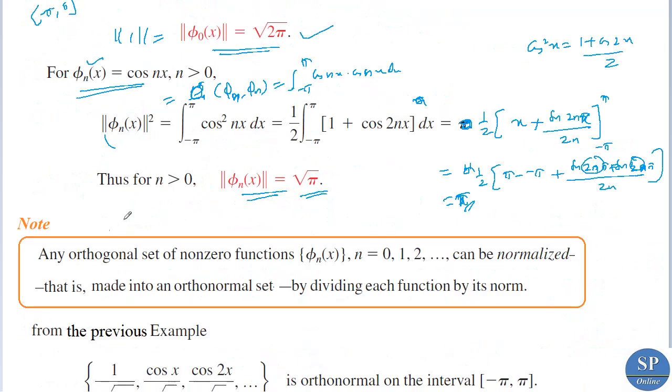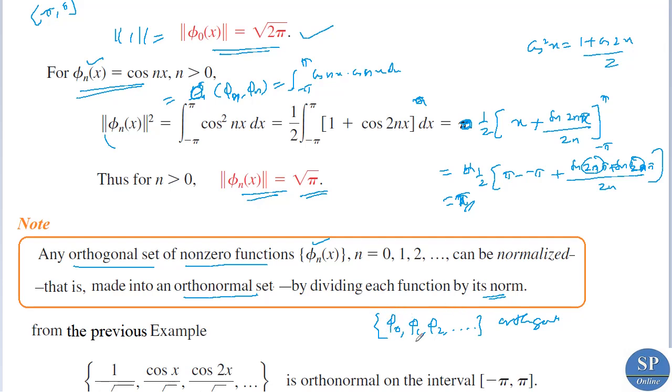Now, suppose we have an orthogonal set of non-zero functions phi n x. Now we can normalize this set. Normalizing means we can convert this set to an orthonormal set, that is by dividing each function by its norm. Suppose we have this set of functions phi n x for n equals 0, 1, 2, 3, etc. That means phi naught, phi 1, phi 2, etc. Let this set be an orthogonal set.